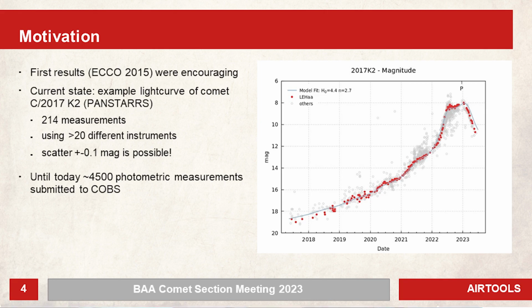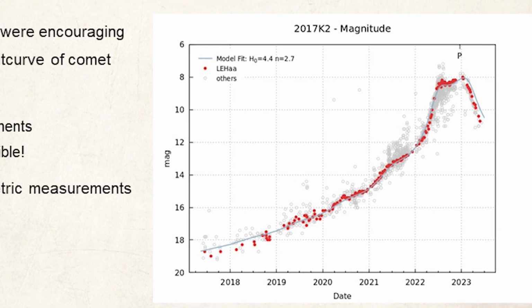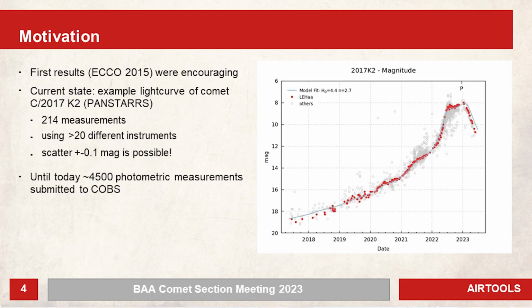These are just my own observations for Comet 2017 K2 PanSTARRS, and I've been using 20 different instruments for these data. As you can see in the brighter range here, the scatter is at about the level of 0.1 magnitude accuracy. So until now I have contributed about 4,500 photometric measurements to the COBS archive.